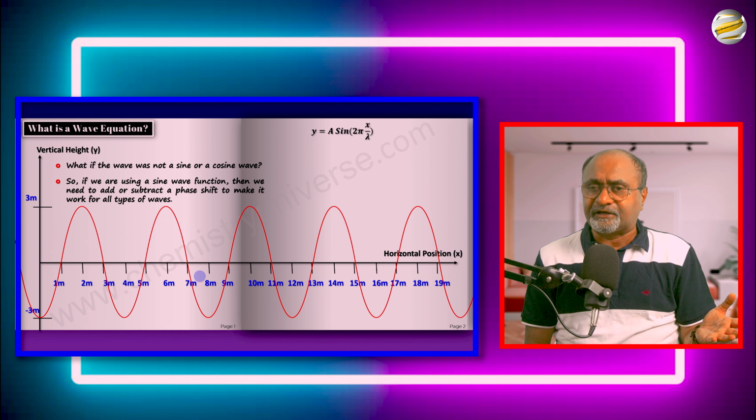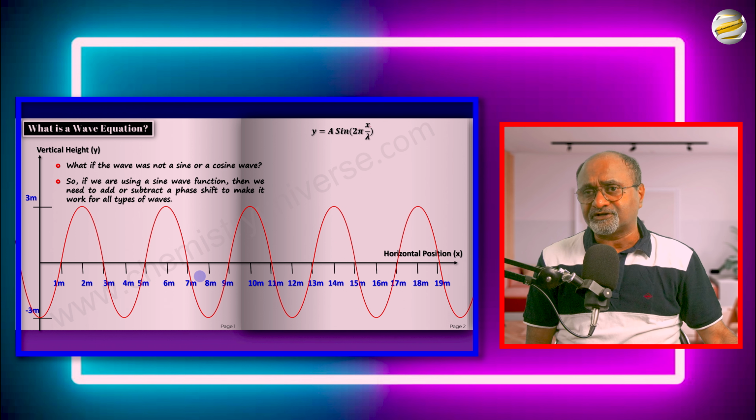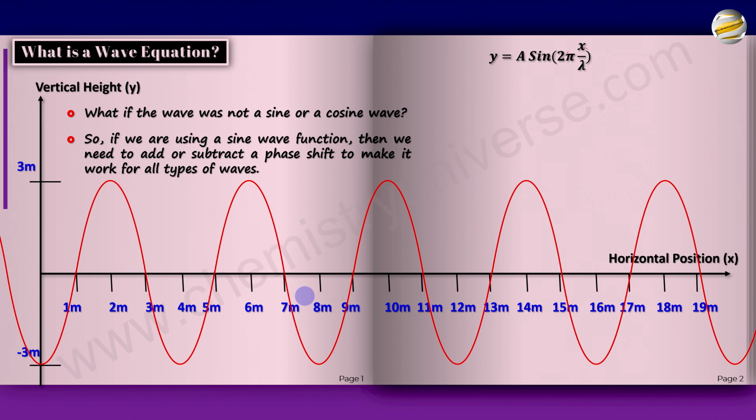You can even use a cosine equation for that matter. We are right now using sine. So, how are you going to do that? Well, we are going to add or subtract a phase shift, and let the phase shift be phi.